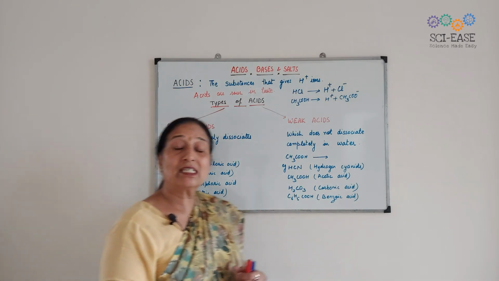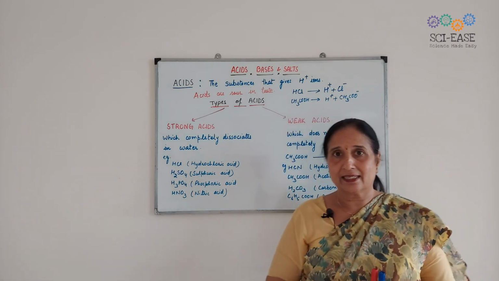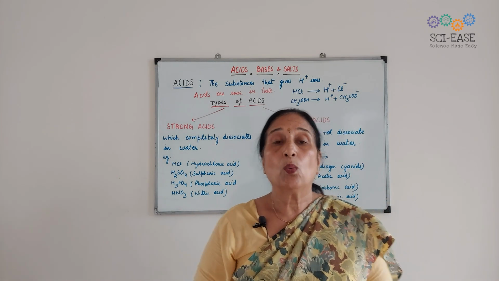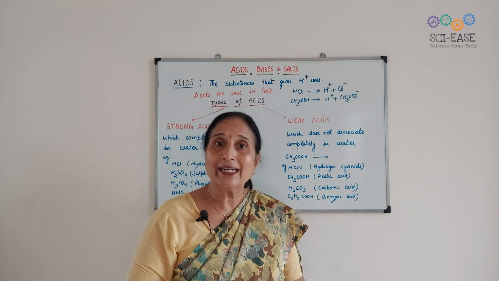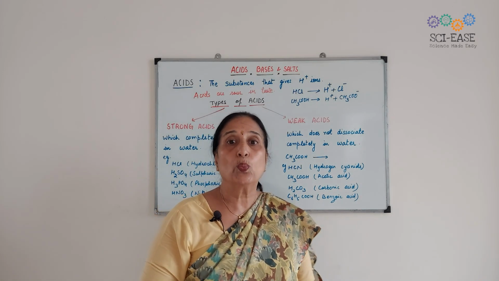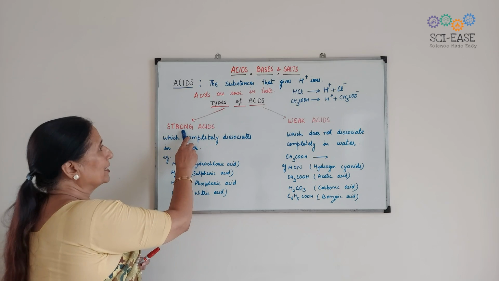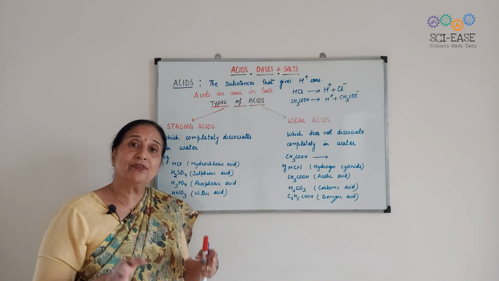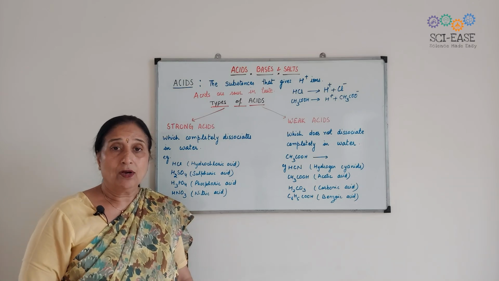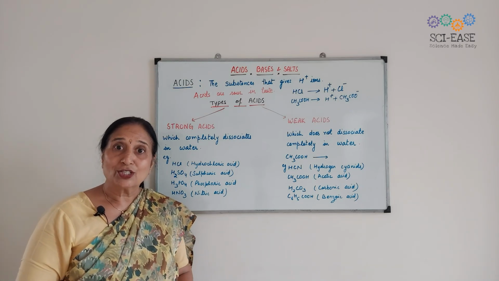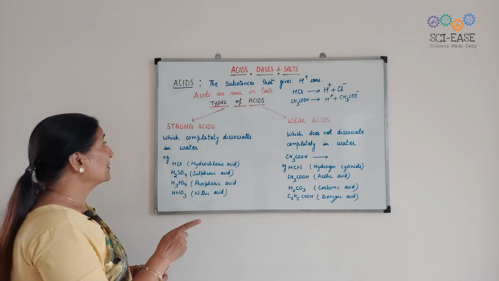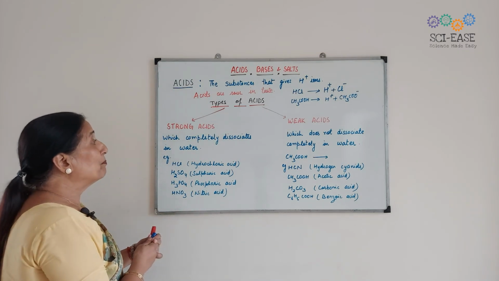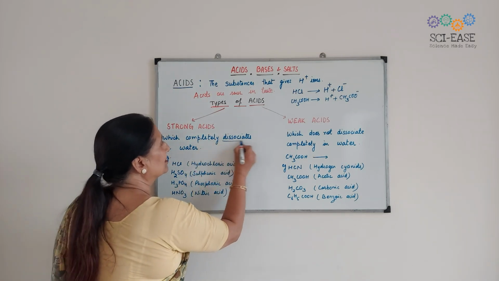Now we will study the types of acids. There are two types of acids: strong acids and weak acids. First we will study strong acids. Strong acids are those acids which completely dissociate in water.